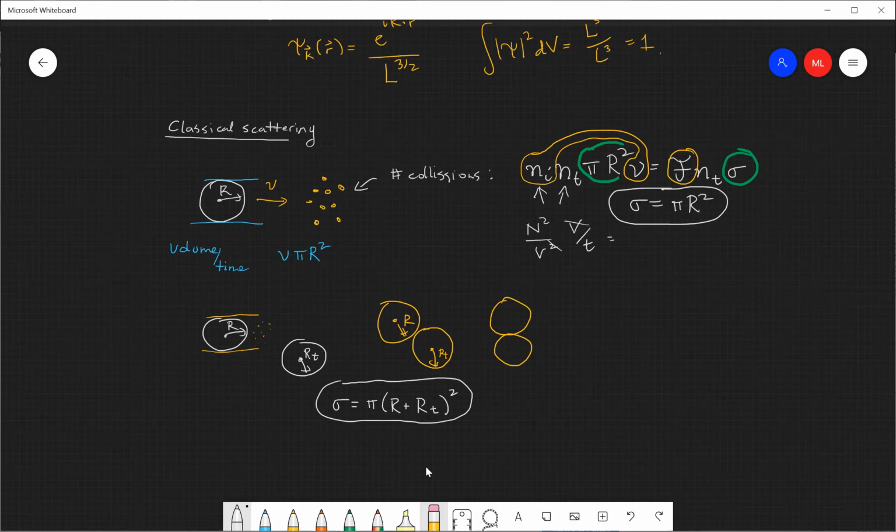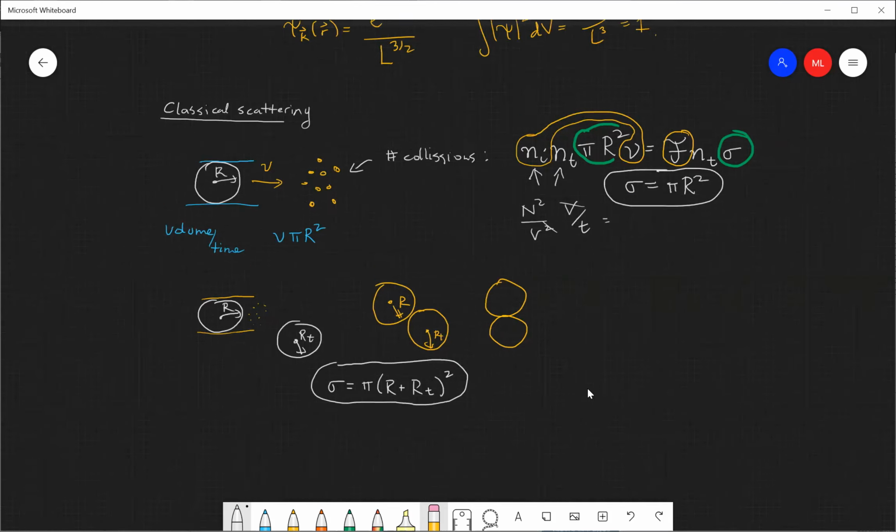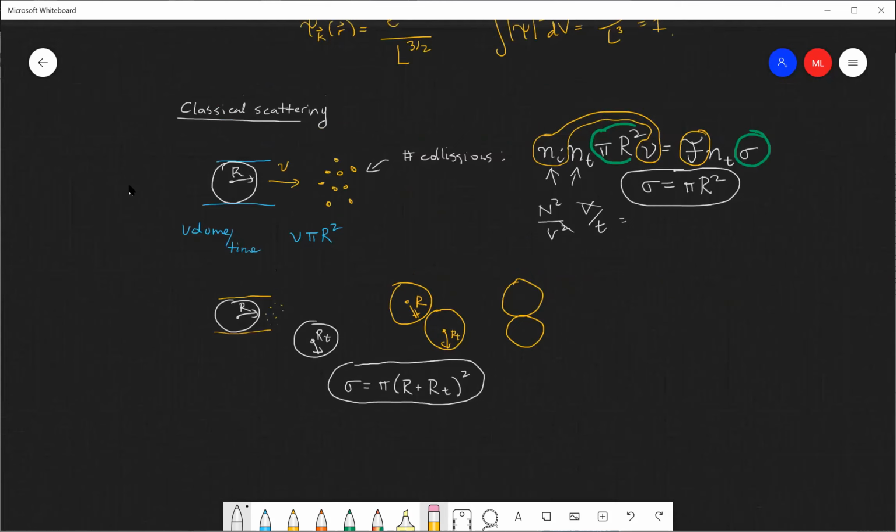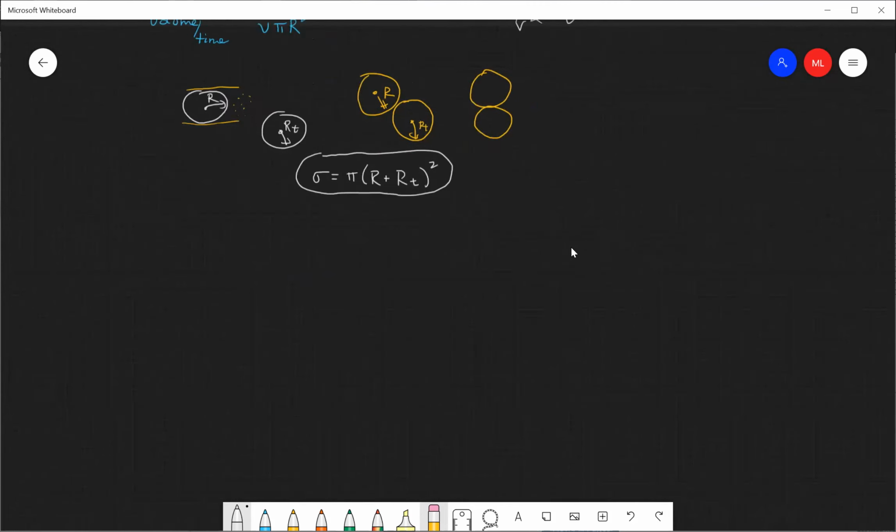So let's talk about differential scattering cross-section a little bit, classically. A good setup is to think about the opposite situation. In the previous case, we were thinking about big incoming particles and tiny target ones, and here they're comparable in size. You can also think about the situation where you have a big target and a lot of small incoming particles.